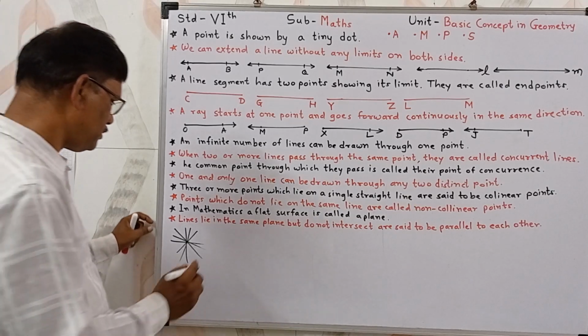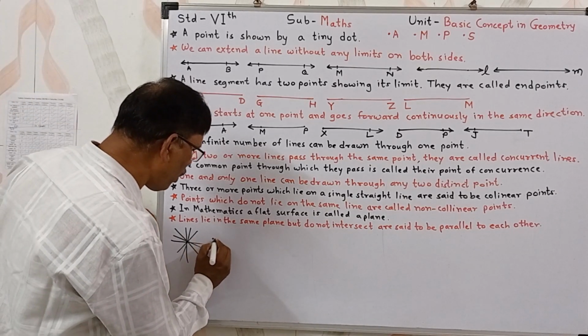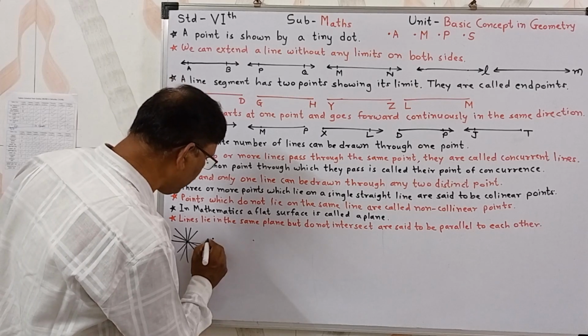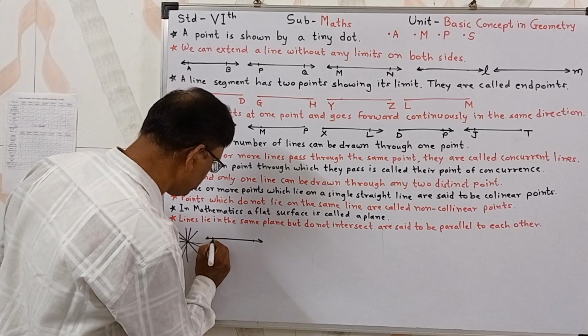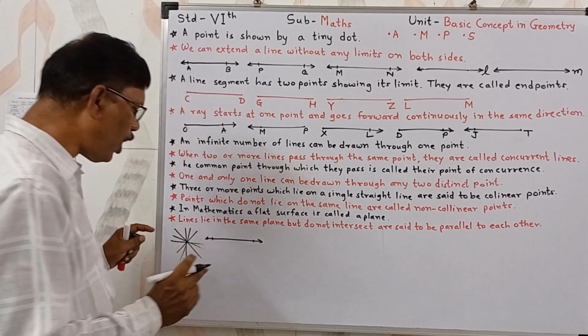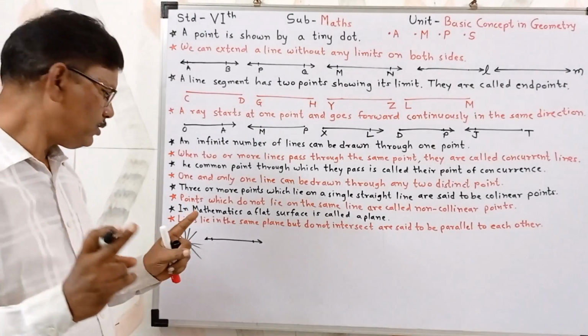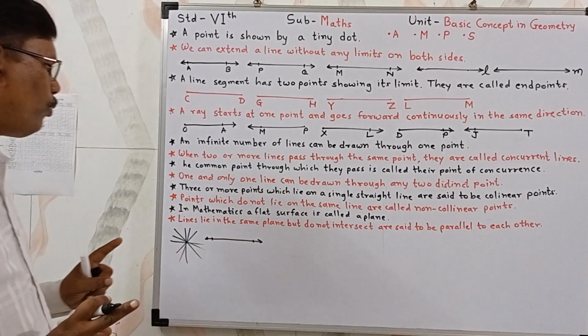But we can draw only one line through 2 points.